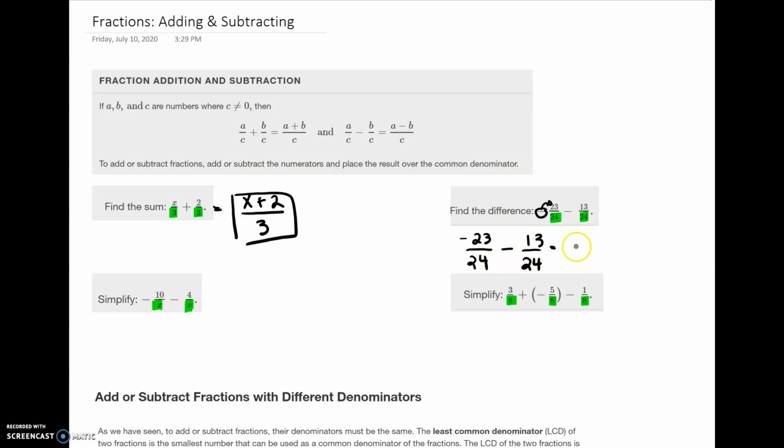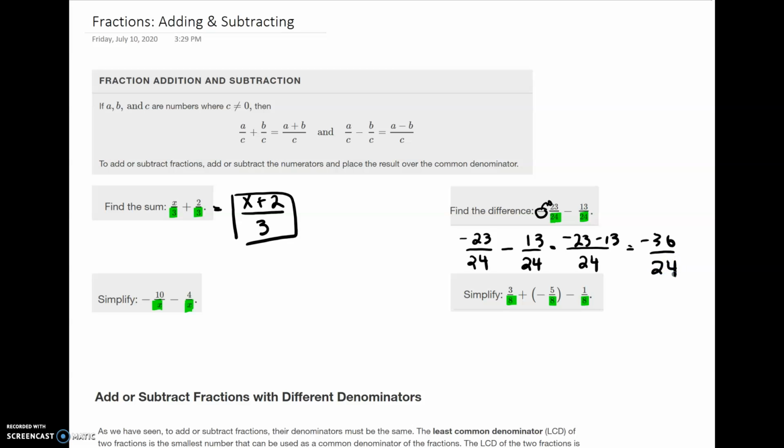Since my denominators are the same, I'm just going to rewrite everything so that I have one denominator, and I'd have negative 23 minus 13. Since both of them are negative, what I would end up doing is add the numbers together. So 23 plus 13, and I'd end up with 36. And since they are both negative, that would become negative 36 over 24.